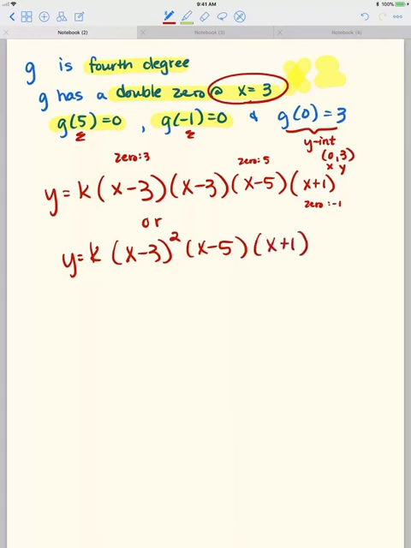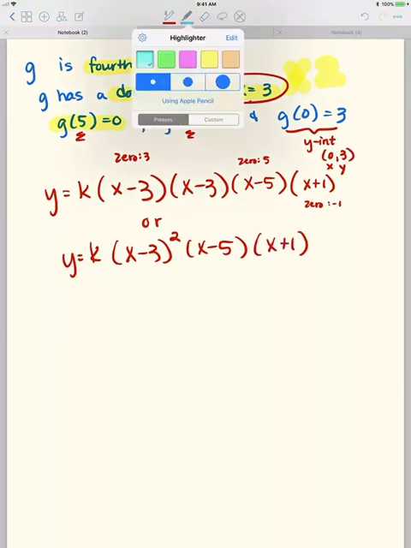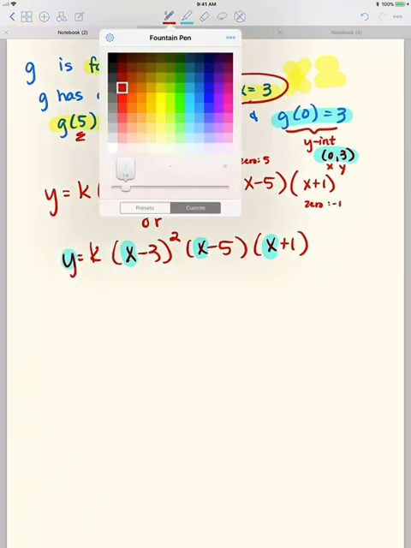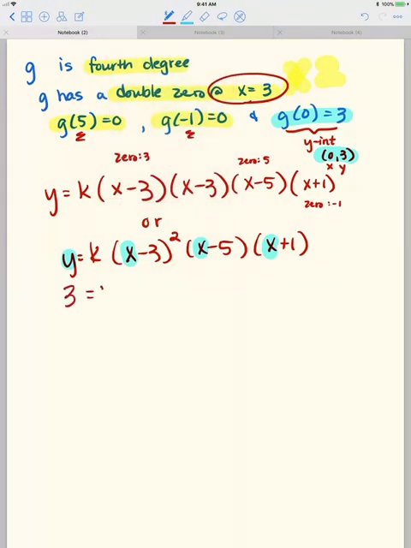Okay, so using that factored form, and then going back and pulling this other point, which happened to be the y-intercept that I was given, I'm going to plug in 0 for all the x's, 3 for the y, and I get 3 equals k times 0 minus 3 squared times 0 minus 5 times 0 plus 1.